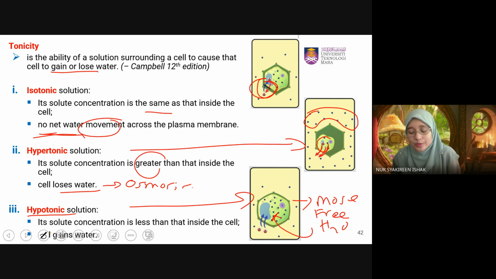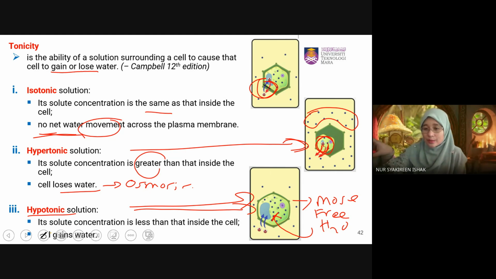This is the plant cell. When the plant cell is immersed in a hypotonic solution, it will be turgid. In a hypertonic solution, the plant cell will be plasmolyzed. Plasmolysis occurs when water diffuses out and the plasma membrane of the cell is pulled away from the cell wall and the cytoplasm shrinks.